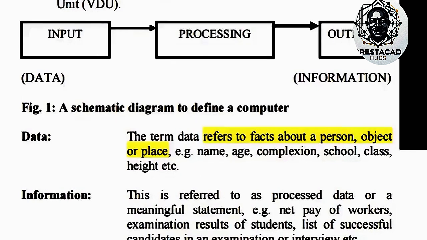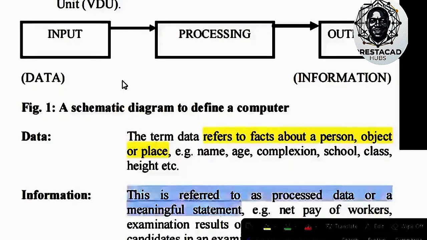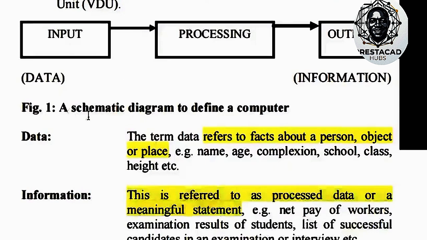Information is referred to as processed data or a meaningful statement. So you should know the difference between data and information. Data simply means fact, and data on its own is not meaningful, while information is processed data or a meaningful statement.